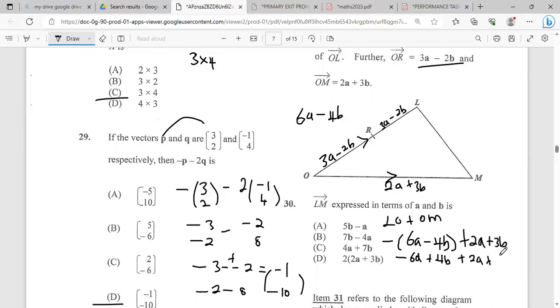We still need to group the like terms. We bring all the a's together. So we have -6a plus 2a, and we have -4a. Then b: 4b plus 3b. So the long and short of it, this works out to negative 4a and 4 plus 3, 7b.